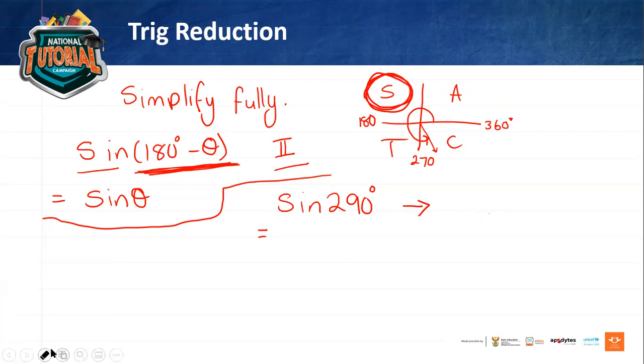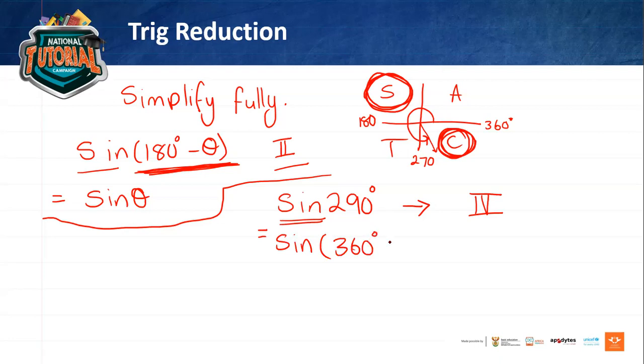So if we look at our cast diagram in quadrant 4, we see that cos is the only positive ratio in quadrant 4. And we're talking about sine. So we know that the answer is going to be negative. But let's first rewrite this as an angle in quadrant 4. Angles in quadrant 4, we want to rewrite as 360 degrees minus something.